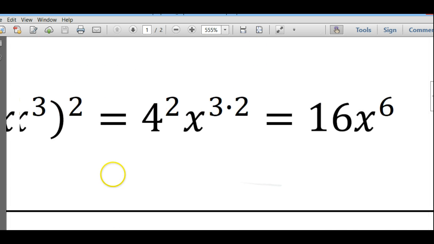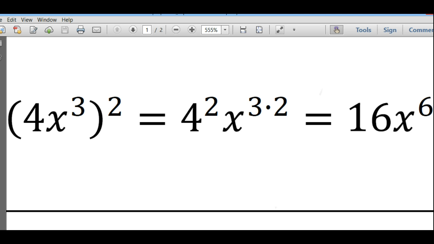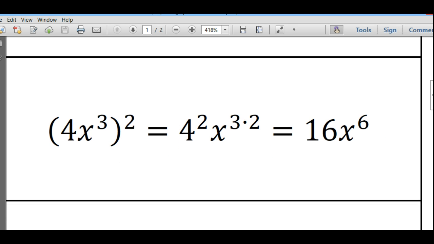So we are given an example. Our example is 4x cubed raised to the power of 2. In this case, we're going to take that 2 outside the parentheses, and we're going to multiply it times each exponent inside the parentheses.